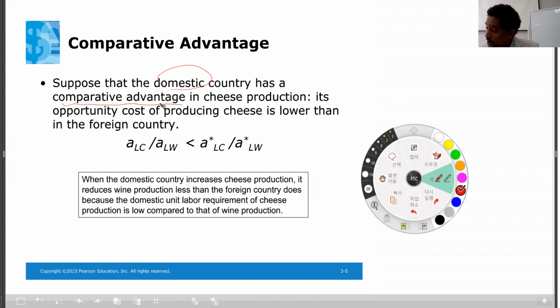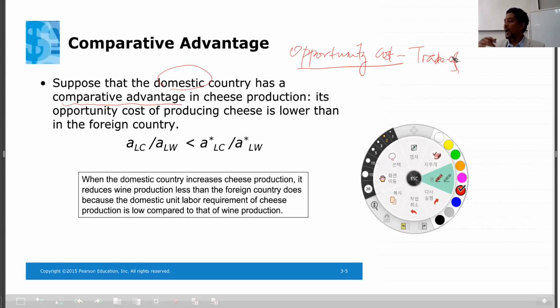Okay, so I want you to also understand what is opportunity cost. Opportunity cost is a trade-off, right?